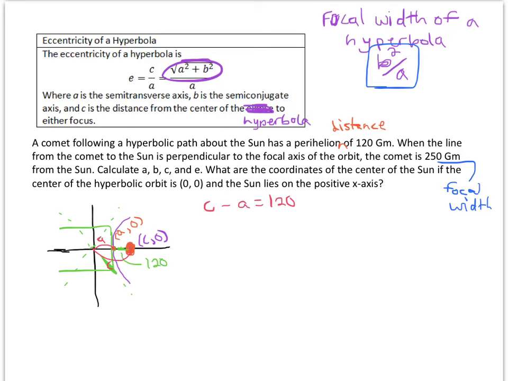So we're saying 250 equals b squared over a. We could solve that for b squared and get b squared equals 250a. We know that for hyperbolas there is this relationship: a squared plus b squared equals c squared.